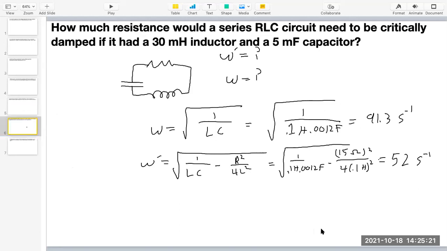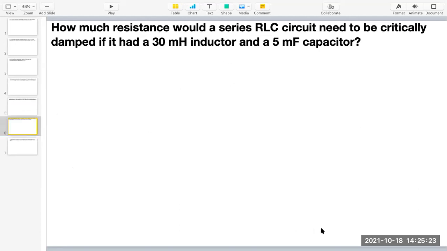All right. One more. If you wanted it to be critically damped and you already had a 30 millihenry inductor and a 5 millifarad capacitor, what resistance would you need?